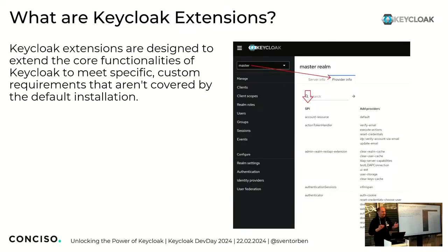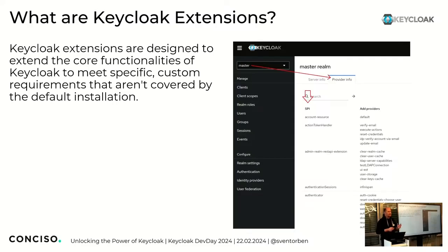If there are any custom requirements, Keycloak offers a lot of extension points where you can hook in new functionality. If you want an overview, look at the server or provider info page. There's a huge list of APIs that you can implement and implementations that come with Keycloak out of the box. I think it's 100 or so, or even more, where you can hook in new functionality. I don't want to go into all the details here, but there's a very long list.